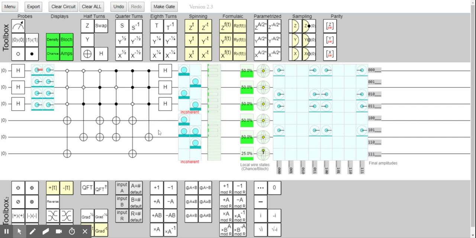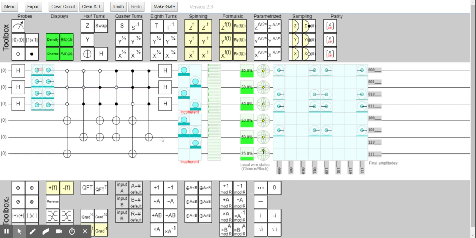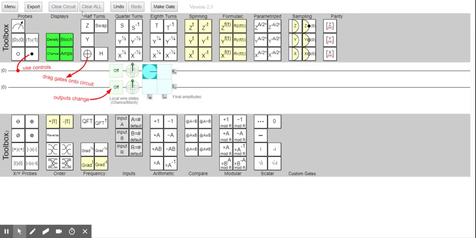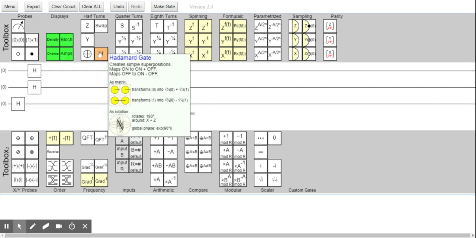Because what I want to have here at the end is a superposition of the outcomes of the function. So it's a good exercise to try to figure out how to build that, though. Because then another way to go about it would be to clear all the circuit, and then indeed we would have a superposition for the input register.